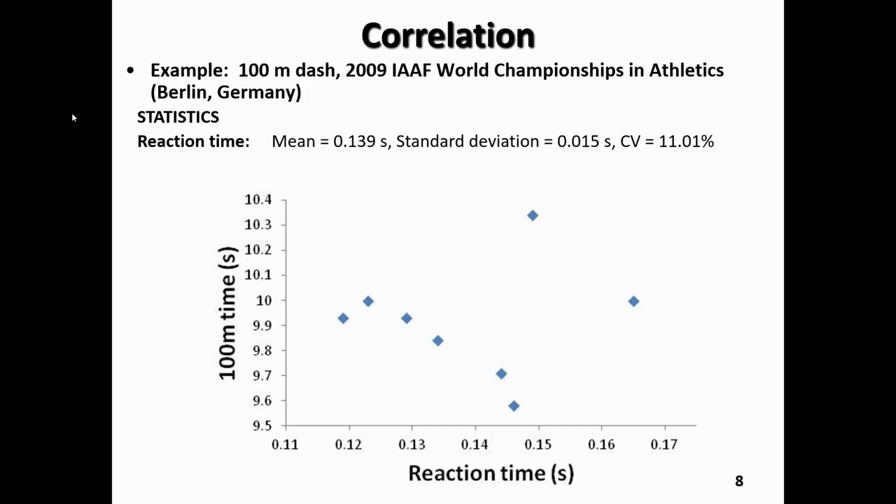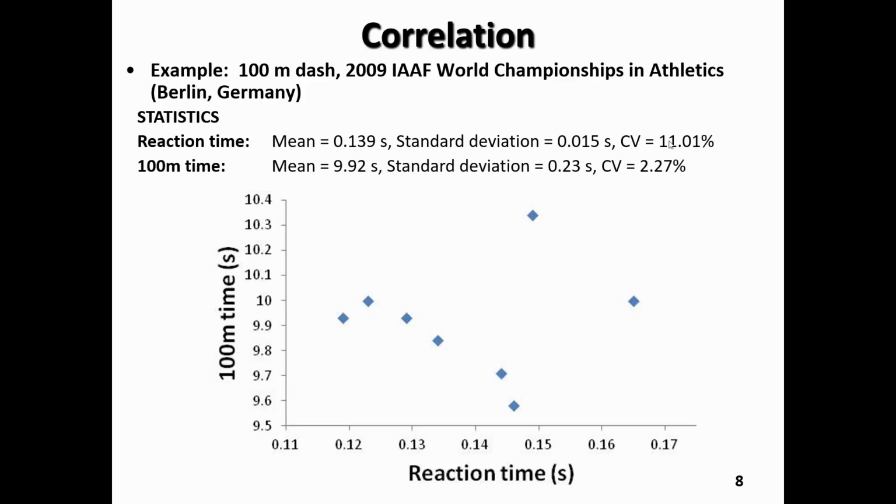So if we take a look at some of the descriptive statistics from this event, we see that the average reaction time for the 8 sprinters in the final heat was 0.139 seconds, so much less than a second, with a standard deviation of 0.015 seconds, and a coefficient of variation of 11.01%.